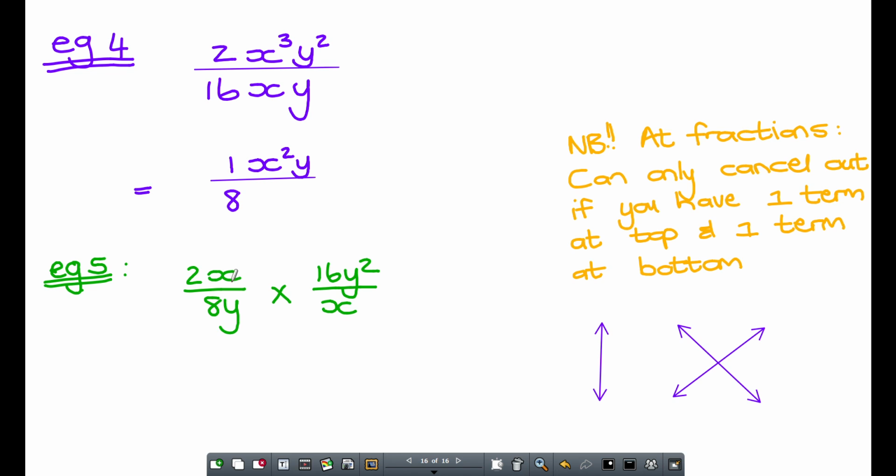So this x can cancel with that one. This y will cancel with one of those y's. And then 8 can go into itself once, and 8 will go in 2 times, and then that 2 doesn't cancel out at all. Okay. Can I just delete that?